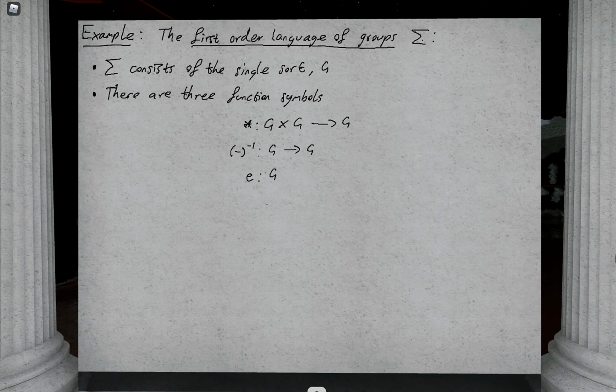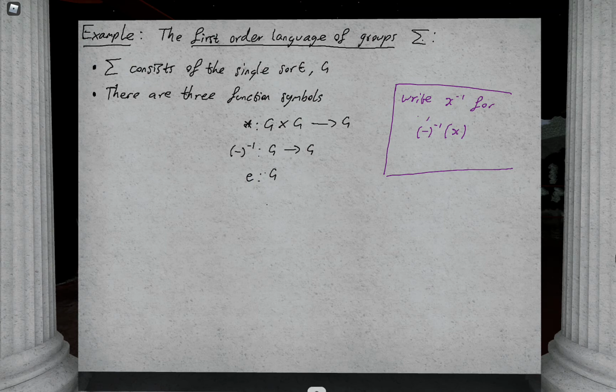I could have written that differently, but I think this is actually easier once you start using variables. Okay, and then for this theory, there are no relation symbols. I'm just writing X inverse. Yeah. No, that's good, actually.